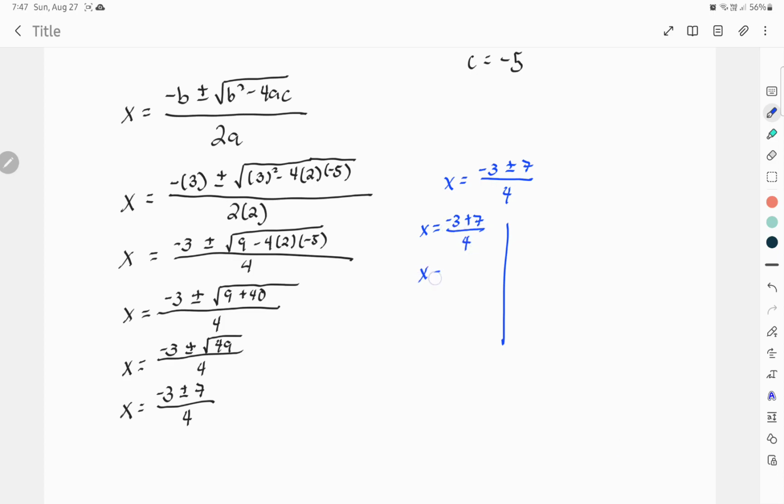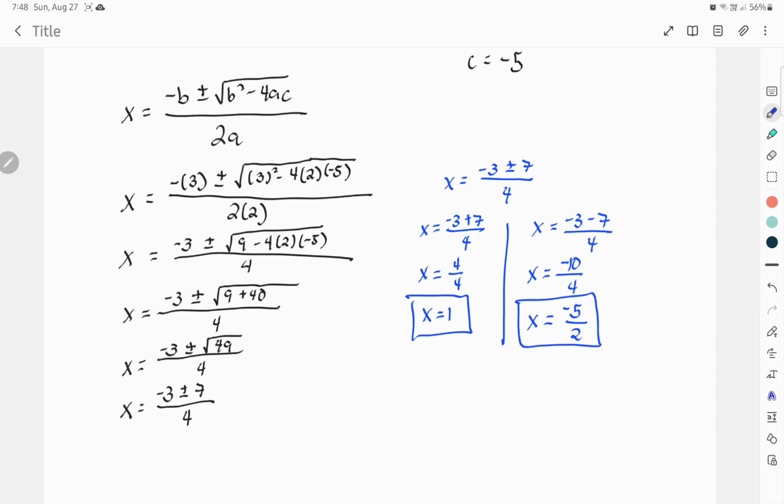So x would be equal to 4 over 4, and x would be equal to 1. The other one, x is equal to negative 3 minus 7 all over 4. That is negative 10 over 4, and in lowest terms, x would be equal to negative 5 halves.